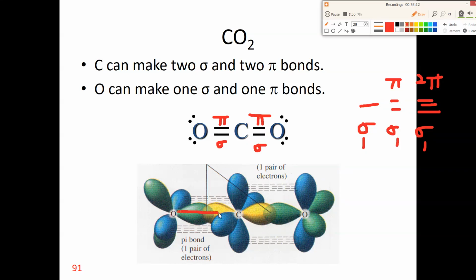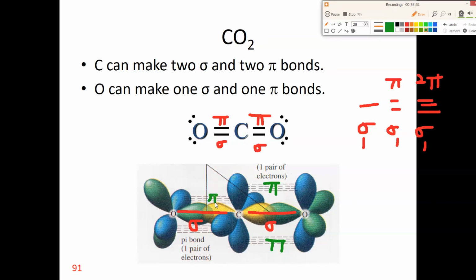So we can have this sigma bond. Then we have pi bond. So the other 2 pi bonds, this pi bond here, then the other pi bond going to be perpendicular to this pi bond.